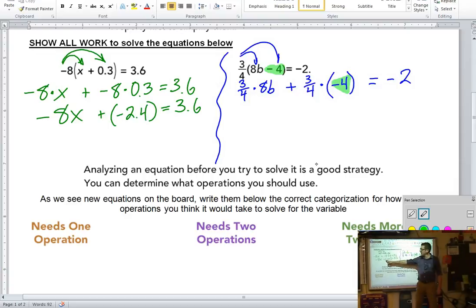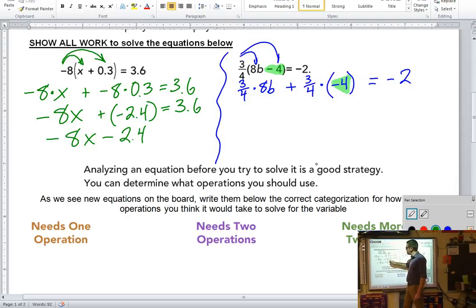But now over here, I have addition of a negative. Can I clean up addition of a negative? Yeah. What do I make it? Just subtraction. So this now becomes negative 8x minus 2.4 equals 3.6. And over here, 3/4 times 8.